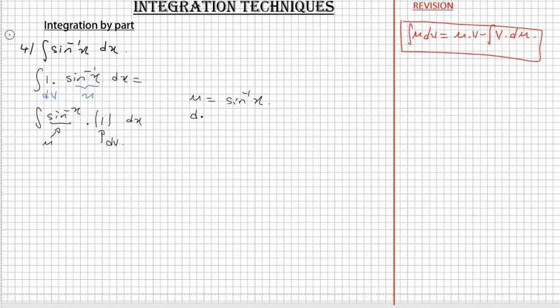Now what's gonna be the derivative of u? To get the derivative of the inverse sine, you just need to use the table. The derivative of this function is one over the square root of 1 minus x squared, then we have dx.